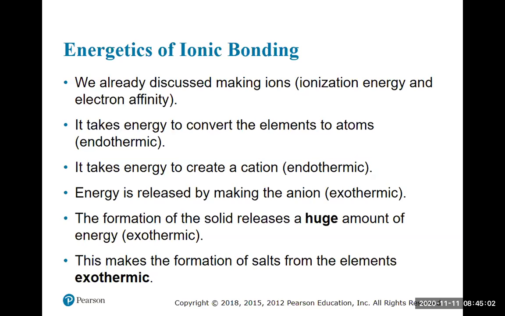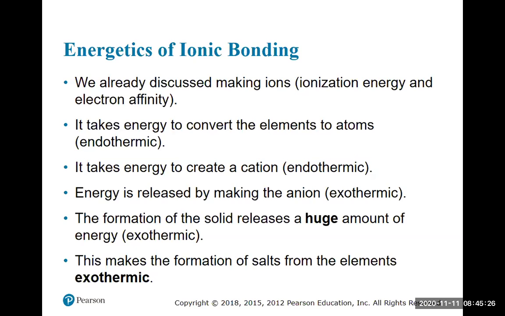It takes energy to convert elements to atoms, so that's an endothermic step. Then it takes energy to make a cation. That's another endothermic step. And then energy is released when you make an anion. That's an exothermic step. So you've got some endothermic steps in the process and an exothermic step.